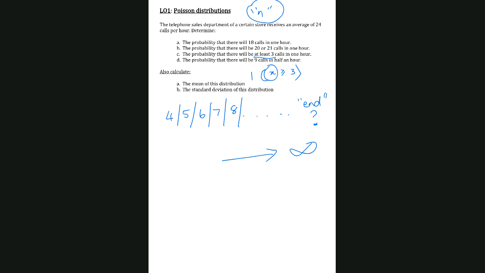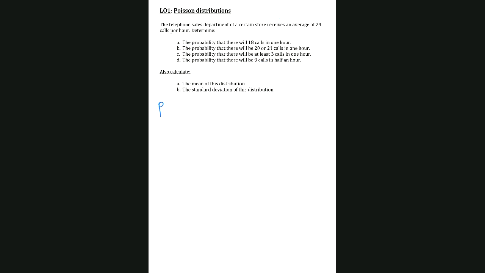And so when we have this type of question, we use the complementary rule, which again says that the probability of A occurring is calculated by taking 1 and subtracting the opposite, which is the probability of A not occurring. So the exact same is going to be applied to this question, where now we're saying that the probability of X being greater than or equal to 3 is going to be 1 minus the probability of x being the opposite of that.